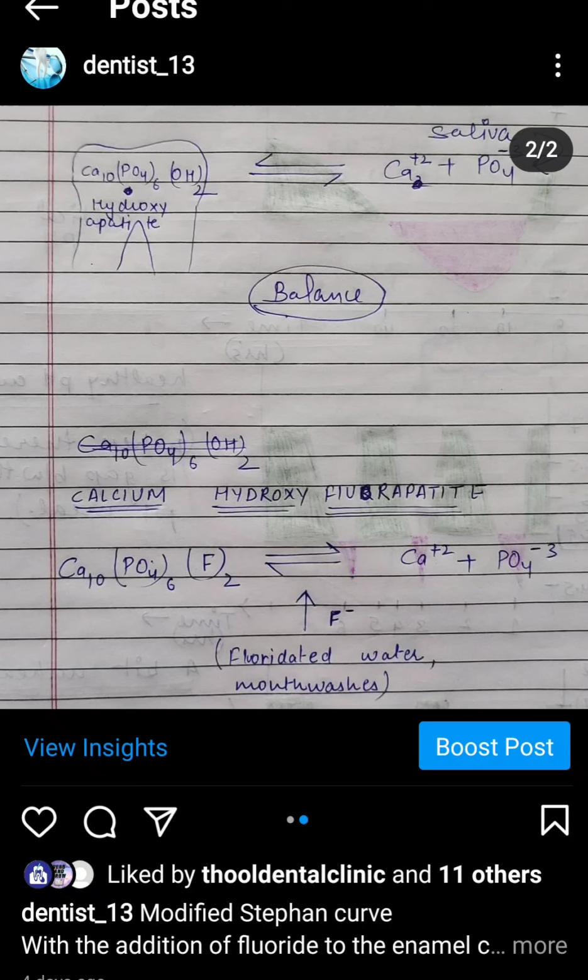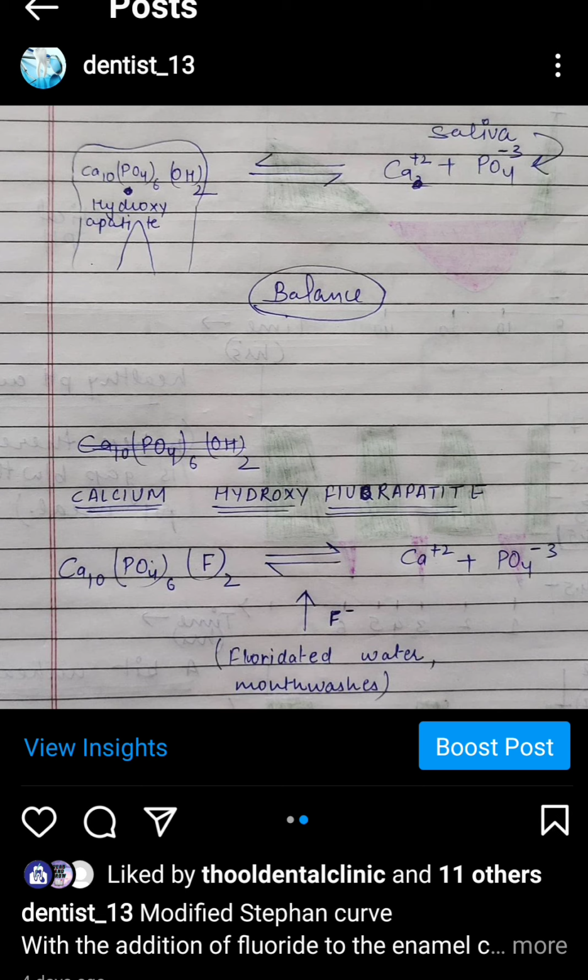Now, in the oral cavity, there is a kind of equilibrium which is maintained. The saliva of a person consists of several calcium ions and several free phosphorus ions.